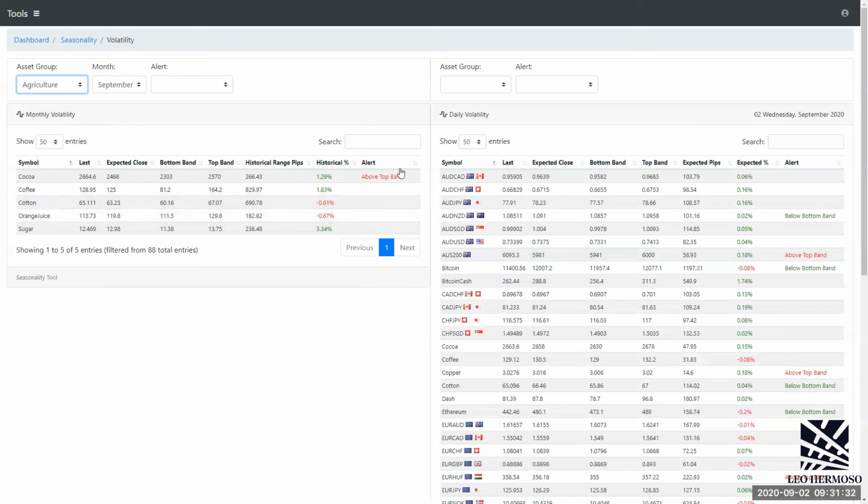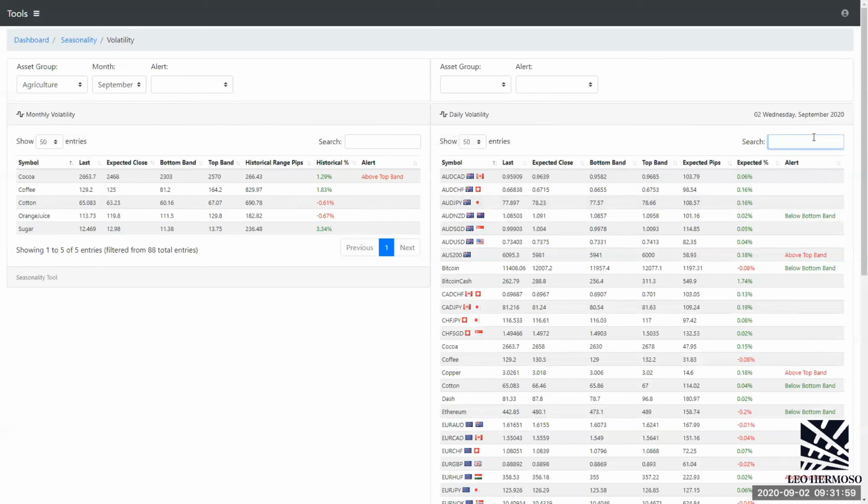On this right table, the idea is similar, but instead of monthly volatility, we have daily volatility. What does this mean exactly? Right here we have the behavior for the month of September. On this table, we have the behavior for every Wednesday of the month of September since 2000.